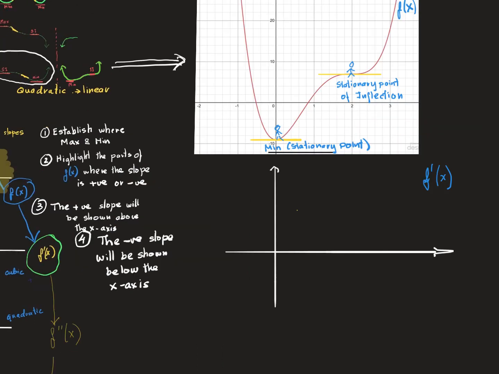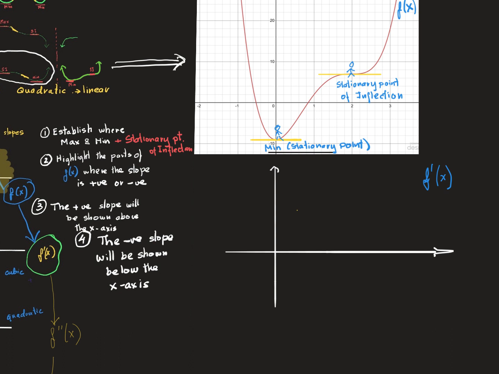In drawing the derivative function f dash x, we need to first of all look at number 1 and establish where the maxima and the minima are. But we need to add now that we also want to establish where the stationary point of inflection is.